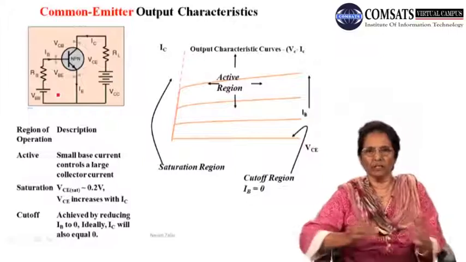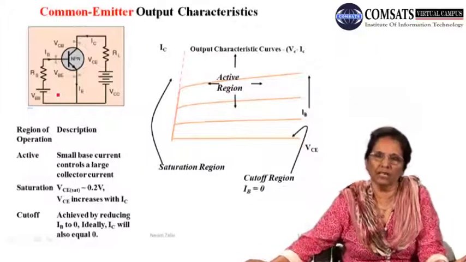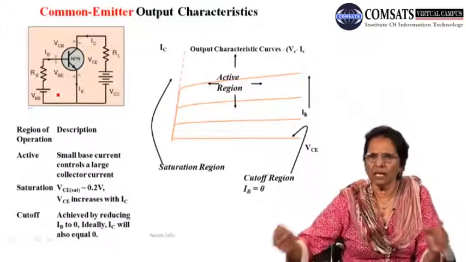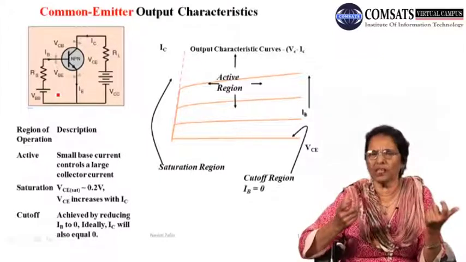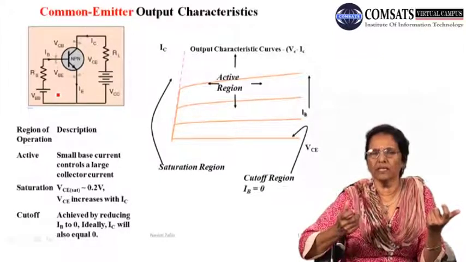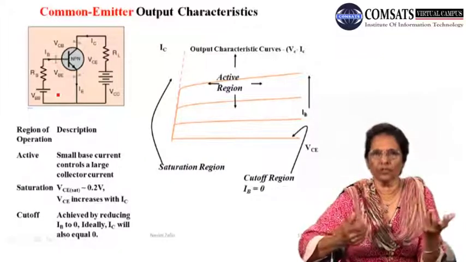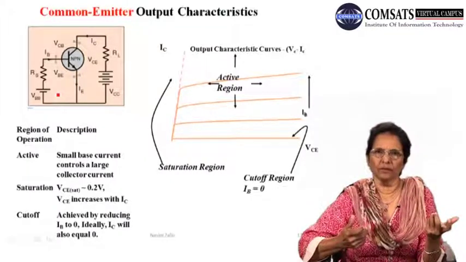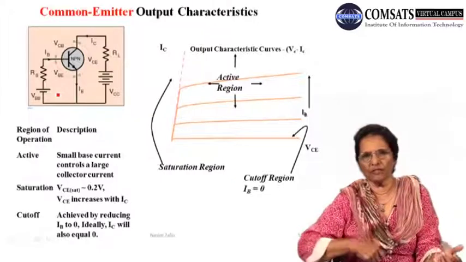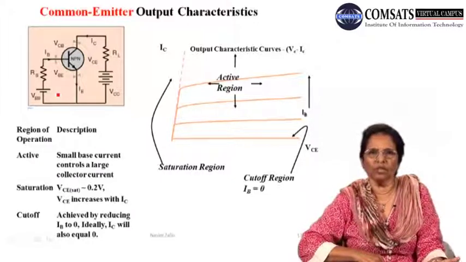That would be discussed in a different manner. But intuitively or qualitatively, we can understand the amplification aspect, that is the operation of a DC transistor as an amplifier circuit, just by looking at this active region of the transistor.